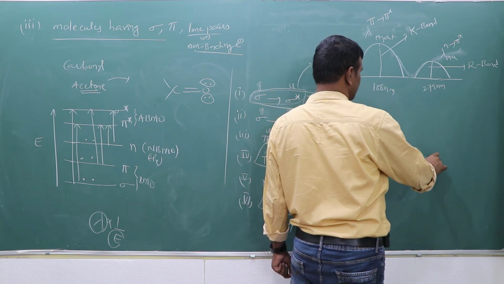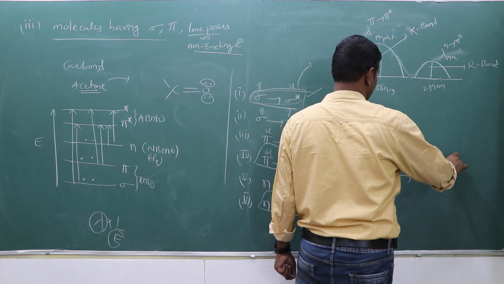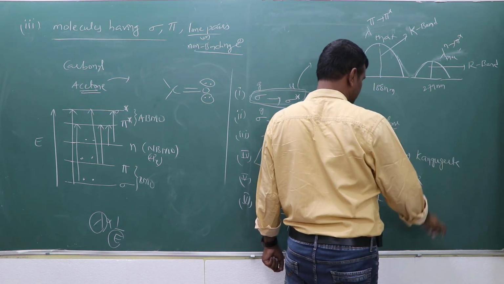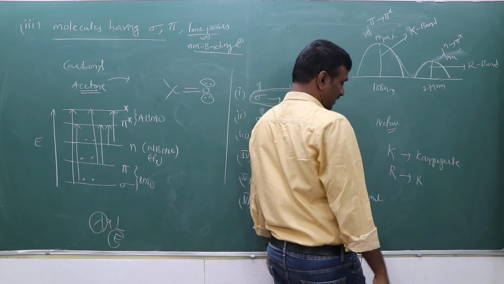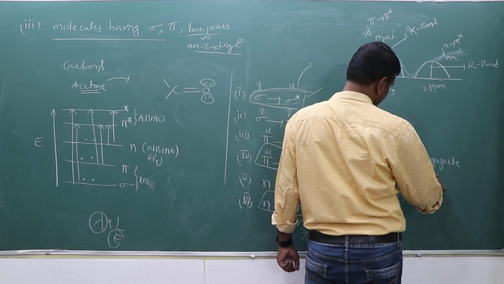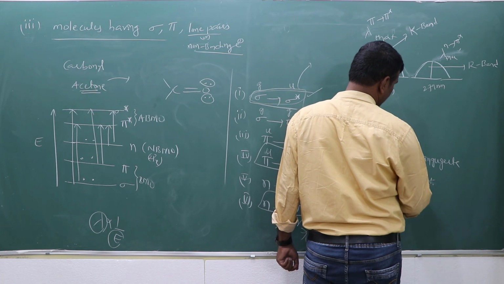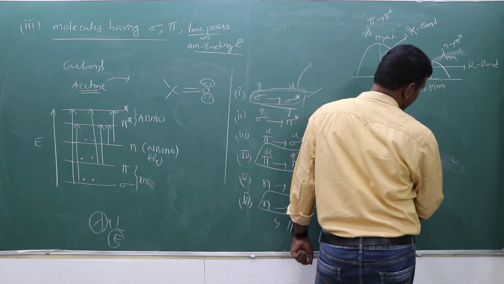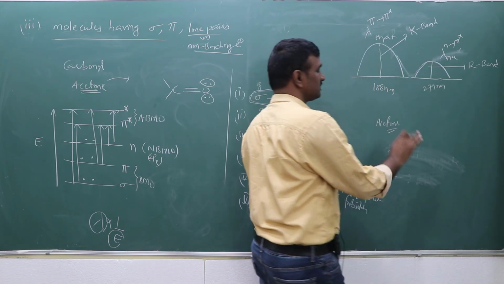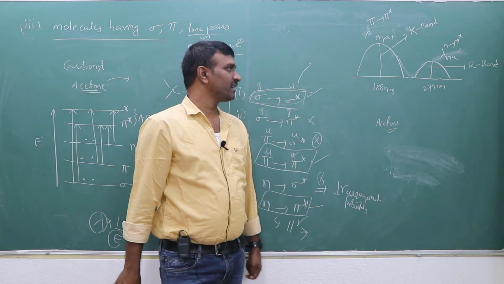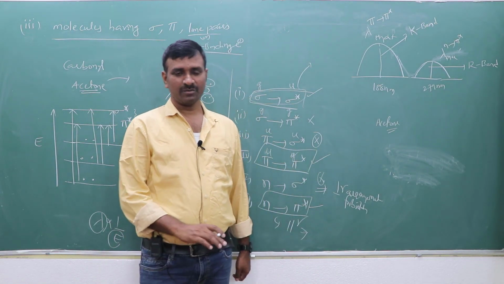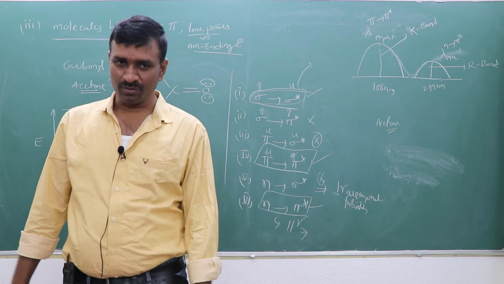K means conjugated, and R means radical-like, something like that. So the R band and K band occur in the acetone molecule.